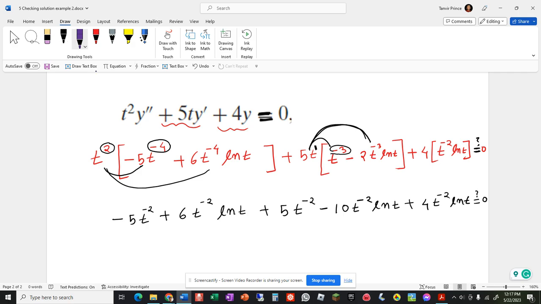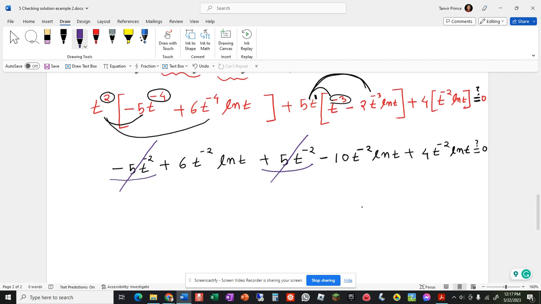First of all, you can see that the negative 5 t to the power negative 2 and positive 5 t to the power negative 2 cancel. Everything else is a like term because all of them have t to the power negative 2 ln of t. So that's a common factor. If I factor out t to the power negative 2 ln t, what is left?